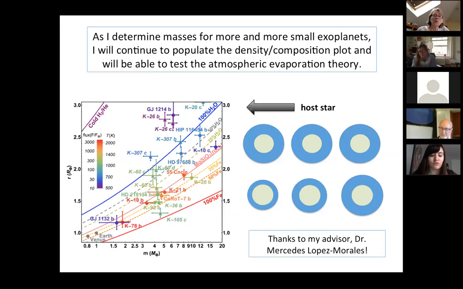When these things are forming, one of the things that's required to actually be able to trap a gaseous envelope is that you have to be out beyond the snow line, which is the point around a star where water is able to start to condense.